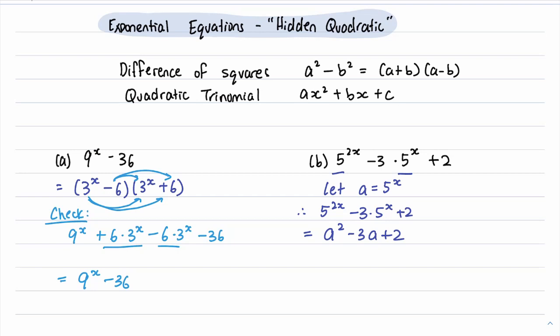We need two numbers that multiply to make positive 2 and add to make minus 3. So that's going to be negative 2 and minus 1. And don't forget to replace a with 5 to the power of x in our final answer.